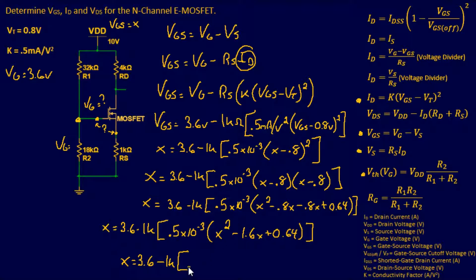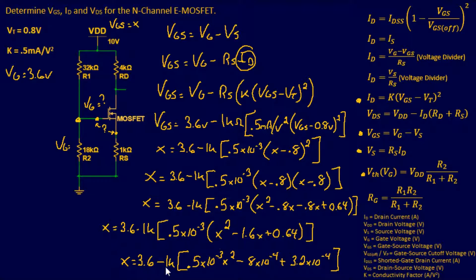I'm going to say it's 0.5 times 10 to the negative 3 x squared minus, that one's going to give me negative 8 times 10 to the negative 4 plus, that one's going to be 3.2 times 10 to the negative 4. And that closes that guy off. So little by little, we're able to simplify that down a little bit.